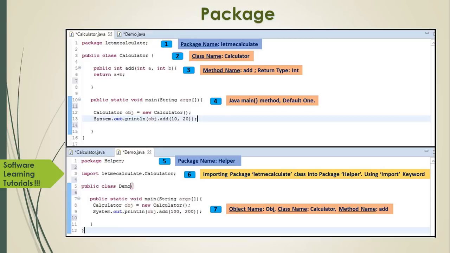If you see step number 6, I have imported letmecalculate.Calculator, so I have imported the letmecalculate package and the Calculator class of that package. In step number 7, I have created the object the same way as in step number 4, and I use the same method but in a different package.